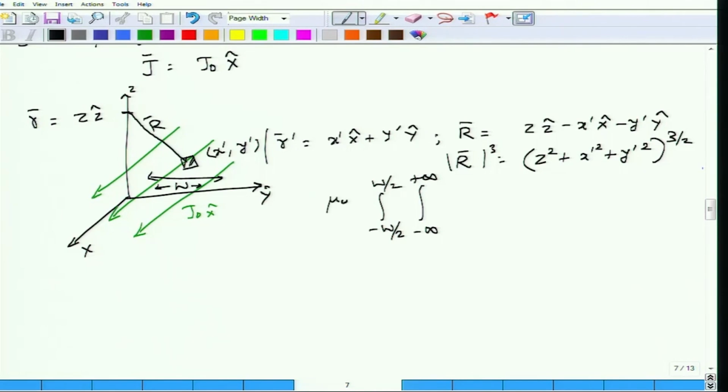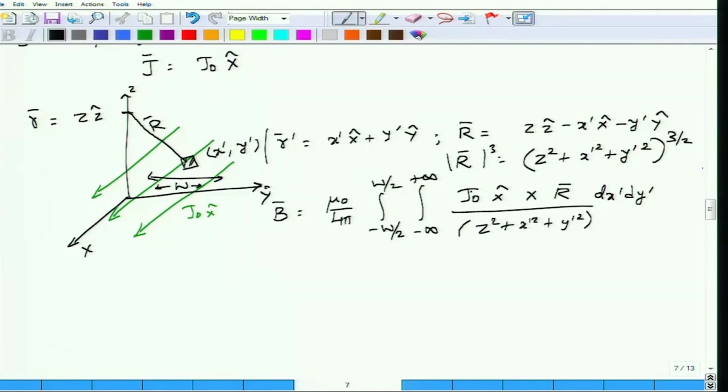This mu 0 by 4 pi is going to be a constant, so I can push this outside, and inside what I have is the current element itself along J0 x hat, and x hat cross this r vector, divided by z square plus x prime square plus y prime square to the power 3 by 2. This is the integration with respect to x and y, because this is a surface integration over the x and y plane.